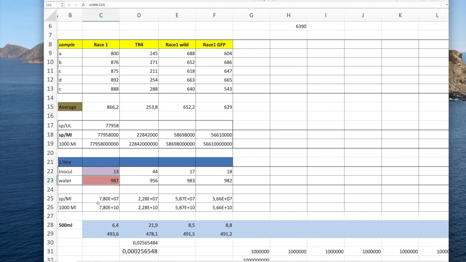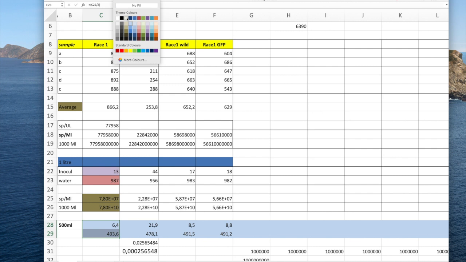This is only the scientific notation I use for my reports, and of course you can also do it for half a liter, in which case you have to take 6.4 of the concentrated inoculum and 493 of water.